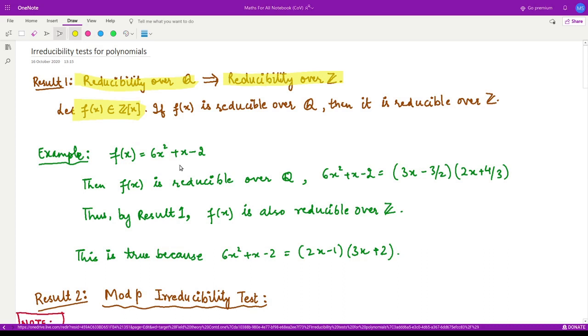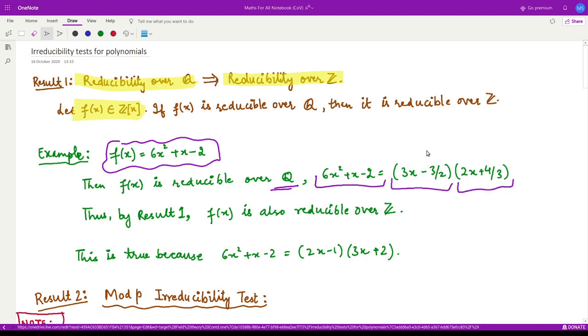Suppose this is the polynomial given to us, then this polynomial is reducible over Q. Why? Because we can factorize this as these two polynomials where the coefficients of these two polynomials belong to the set of rational numbers, right?